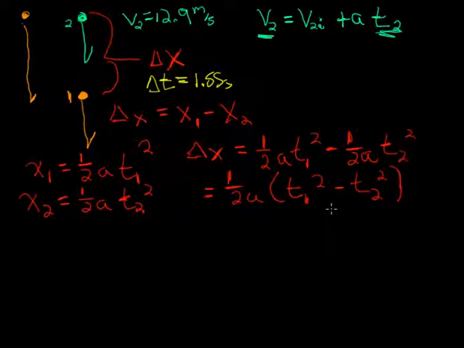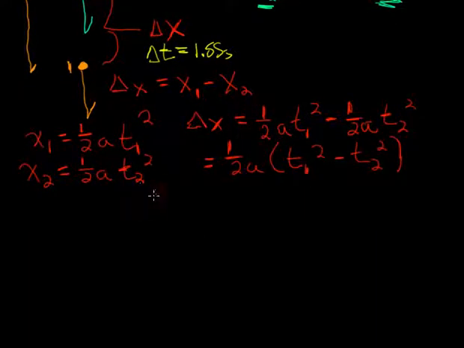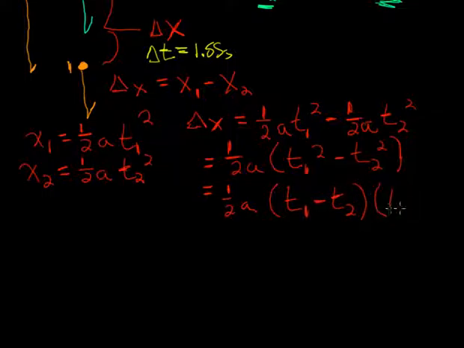This is a difference of squares. So I can represent this as 1/2 a times t1 minus t2 times t1 plus t2. And so our difference of squares lets us represent it this way. And so we have a nice compact way of talking about delta x.